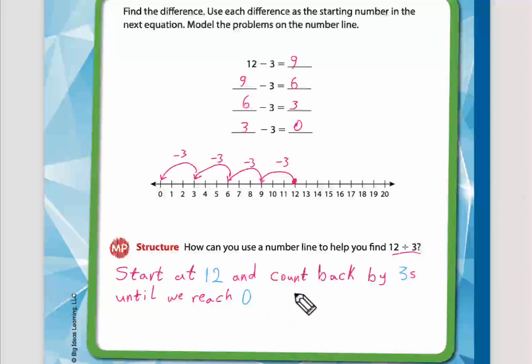And when you reach 0, you're done. Just count the number of times you subtracted 3 to find the answer.